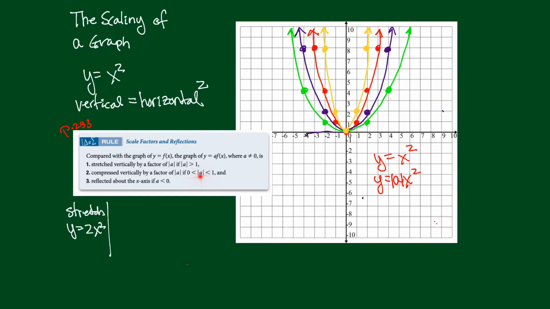We had 1/2 and 1/4, then you get a compression vertically by that factor. The ones that we looked at were these. So we had a compression. We had y equals 1/2 x squared, and y equals 1/4 x squared.